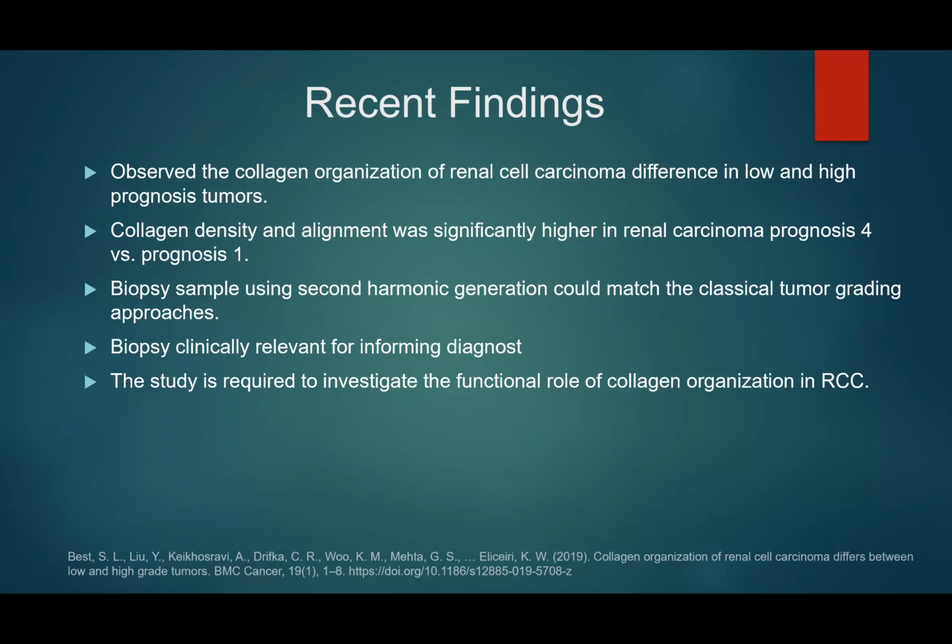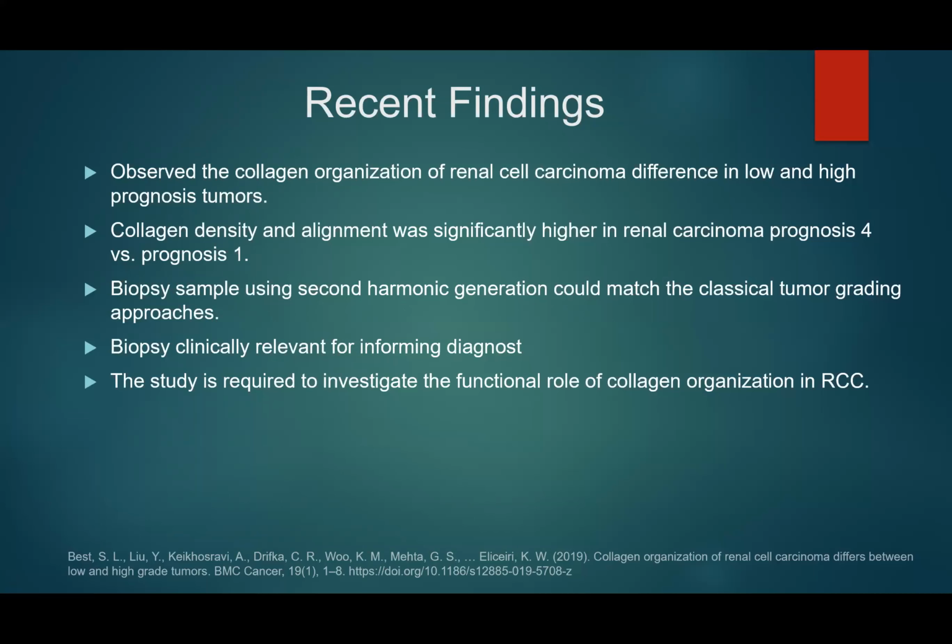It's been known that the change in collagen organization in the extracellular matrix has been linked to prognosis in breast, ovarian, and pancreatic cancer, but the organization has never been linked to renal cell carcinoma.